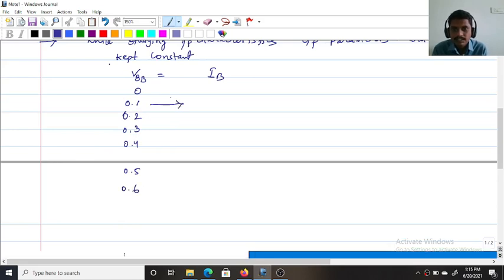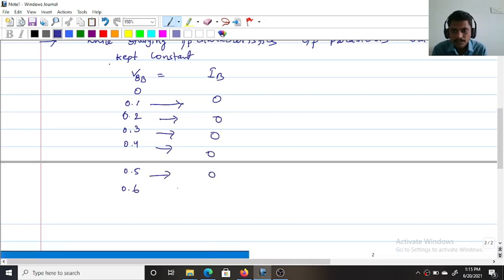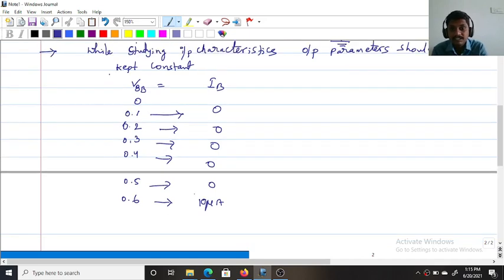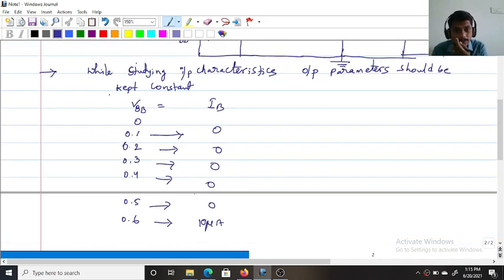When the voltage increases from 0 to 0.1, there is no change in the current, and the current remains 0 up to 0.5. At 0.6, the current starts increasing, to about 10 microamperes. It increases in microamperes only.